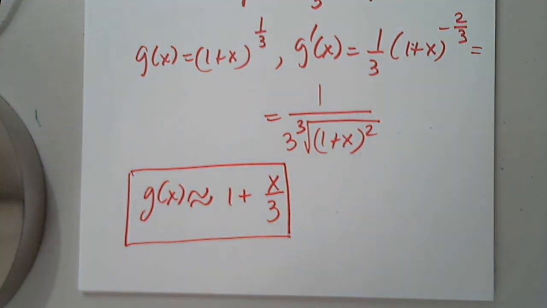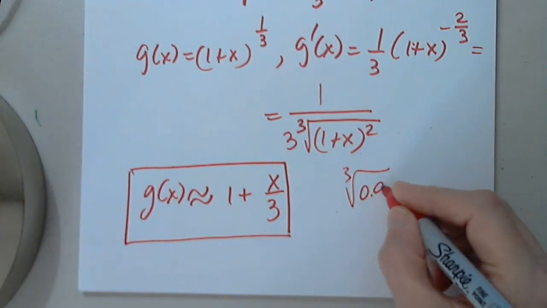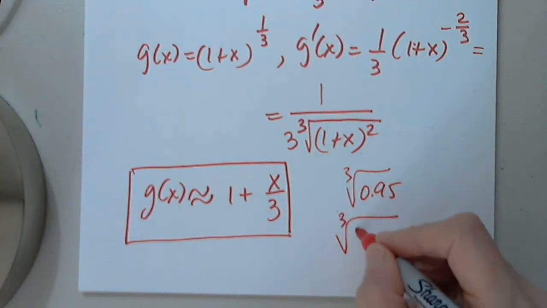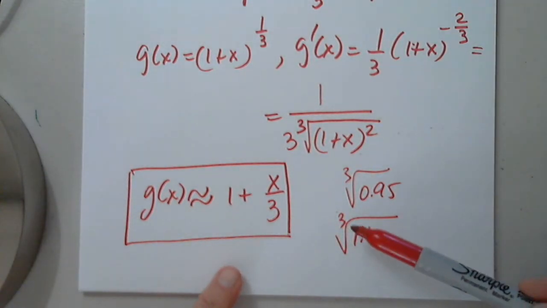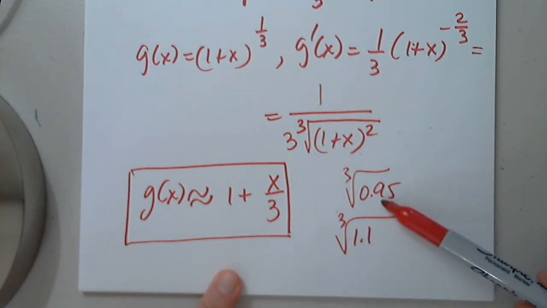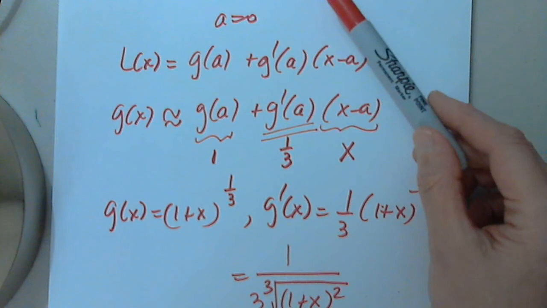Okay, so they're asking us to use this to approximate the cube root of 0.95 and the cube root of 1.1. So that's all we need to do. Just replace x, so this is 1 plus x.